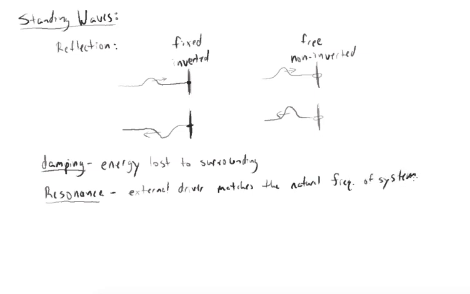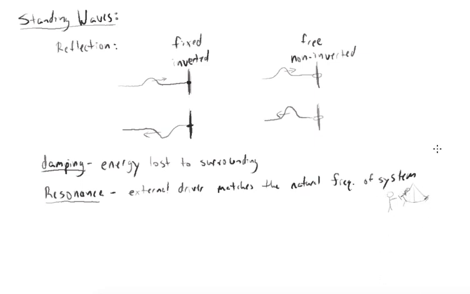So the best example I think of with this is when you're pushing someone on a swing. When they're all the way back and they swing forward and they swing back, you're standing back here and you're pushing them. I guess I could put a person actually on the swing. Someone's holding on to the swing there.